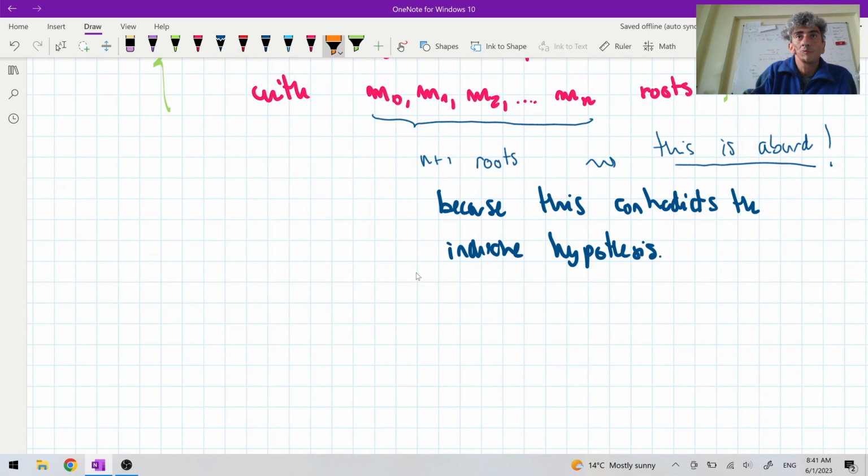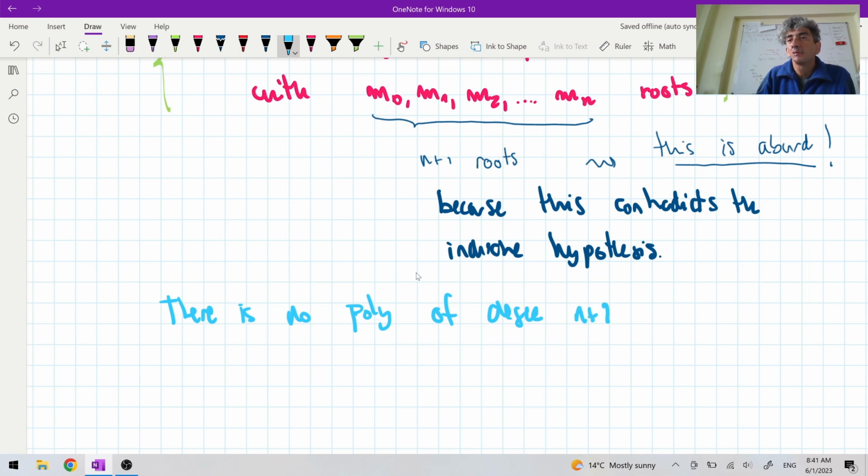So there is no polynomial of degree n plus 1 with more than n plus 1 roots. So this proves the inductive step.